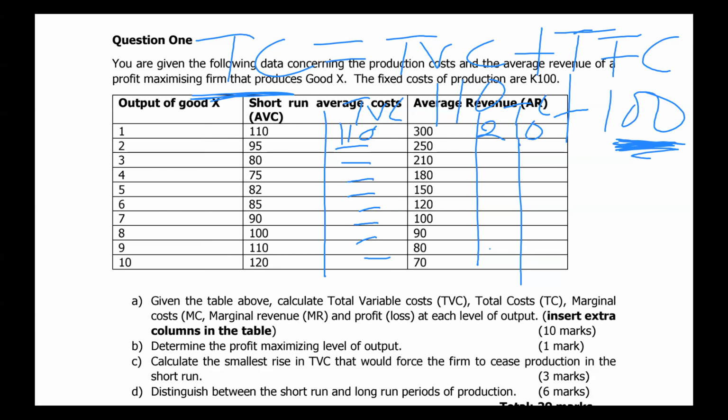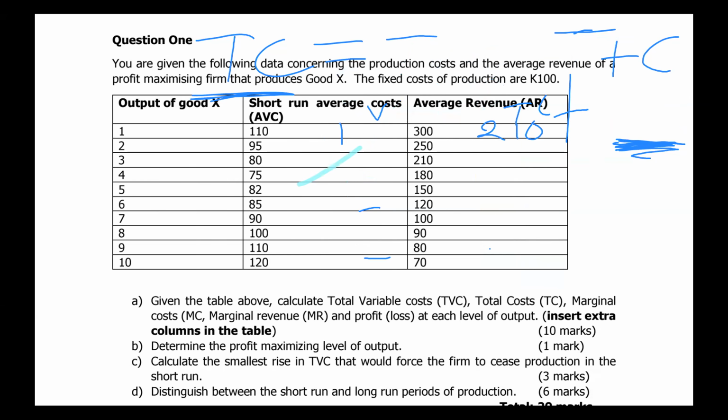All right. So once you have found the total costs, the other schedule that you want is for marginal cost. Obviously, if you have total cost, you can easily find marginal cost, following the previous examples.